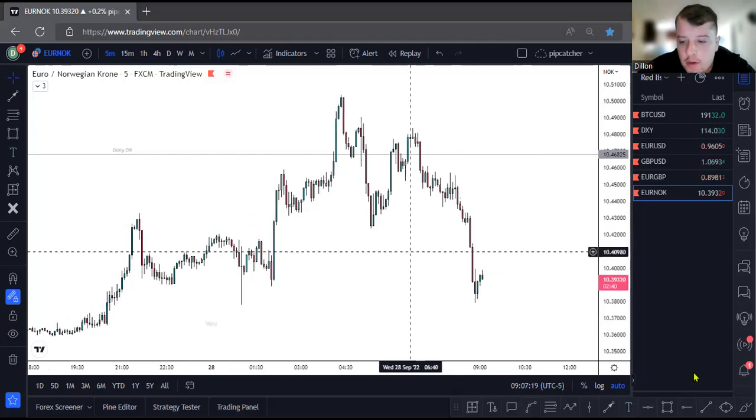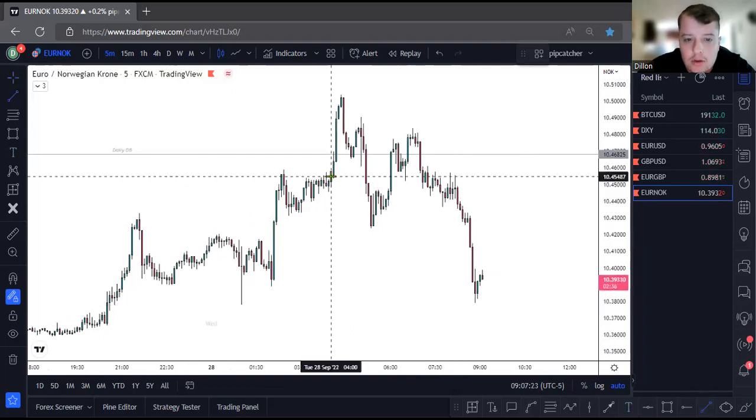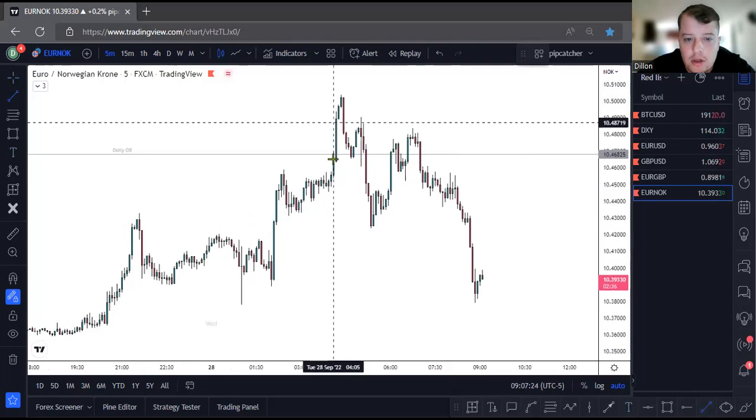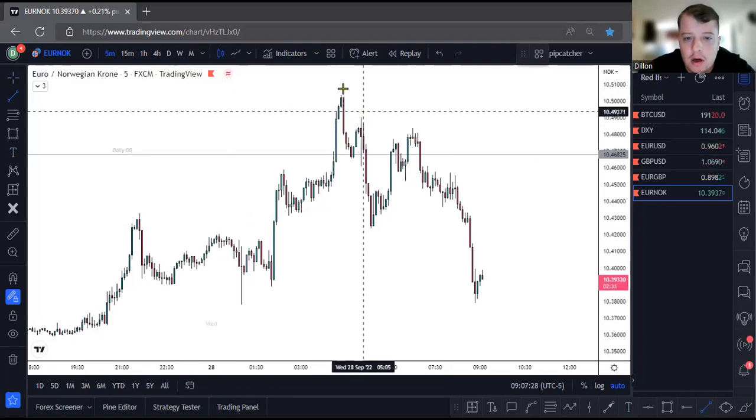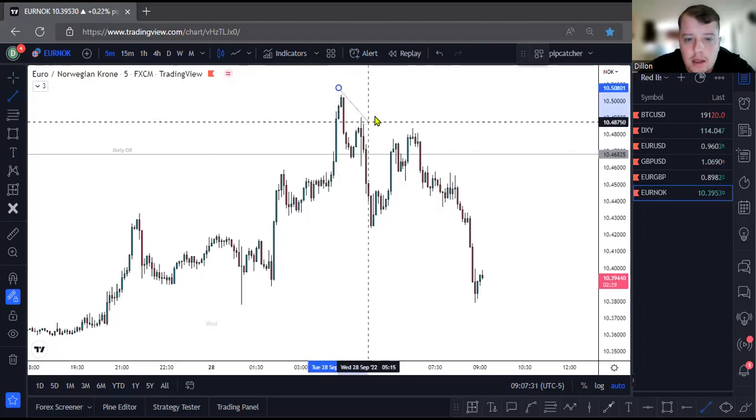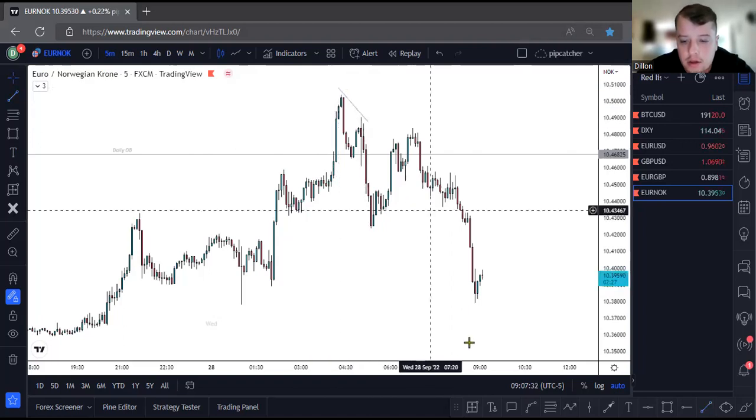So what happened when price got up here? Well, you see a quick purge to the upside, and then price makes a lower high, giving us a shift in that market structure.